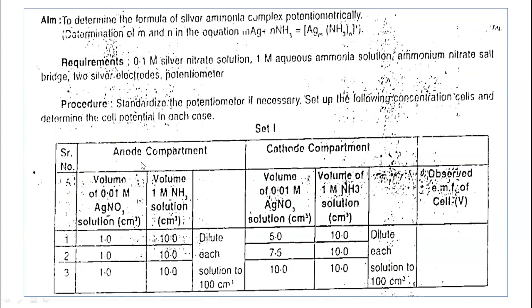In the cathode compartment, we change the amount of silver nitrate: 5.0, 7.5, 10.0. 5.0 is for the first reading, 7.5 for the second, and 10.0 for the third, while the amount of ammonia is the same, 10 ml, in this case also. We have to note the EMF of the cell here.